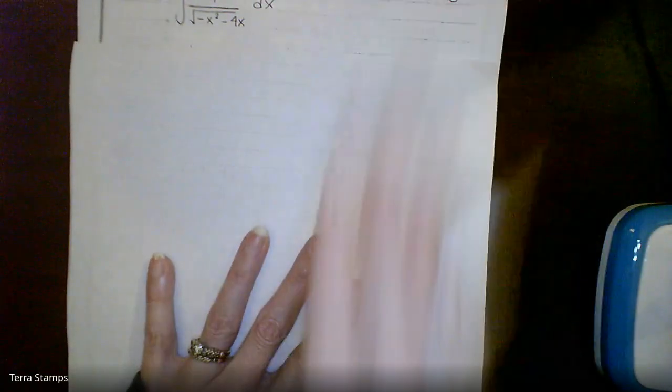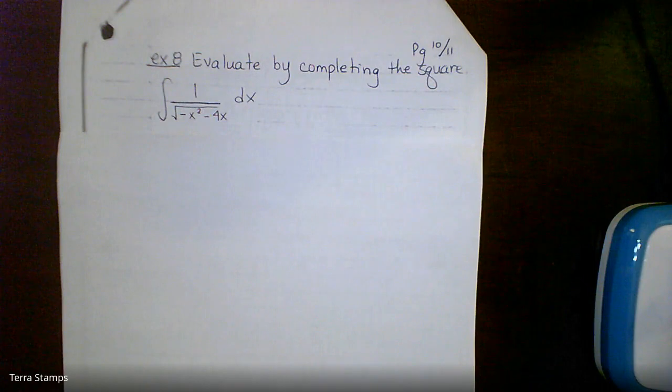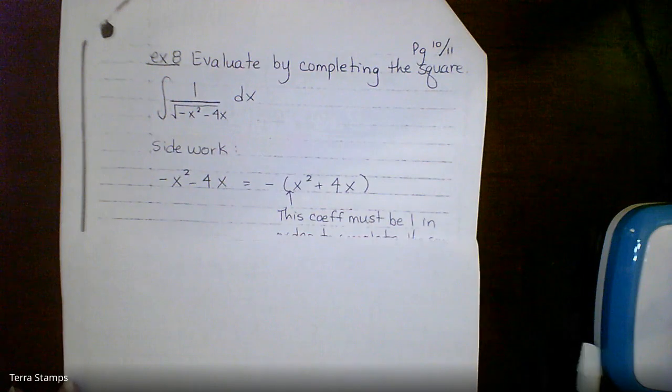So let's do another one where we're going to have to evaluate this. We're going to evaluate this by completing the square. This is a messier completing the square. Right? So here's what I'm going to do. I'm going to do some side work.